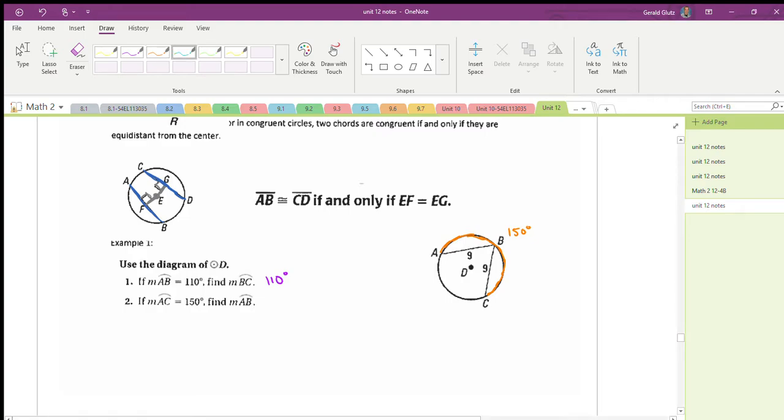Well, again, these two are still congruent, so AB and BC are still congruent. That means each of these orange arcs has to be congruent as well. If the entire orange arc here is 150, then to find one half of that, 150 divided by 2 would be 75. So that means arc AB has to be 75 degrees.